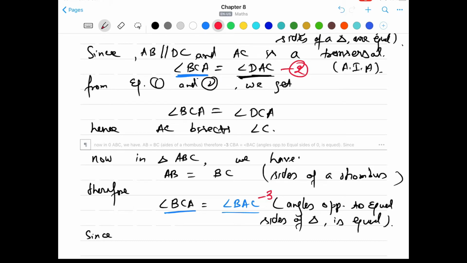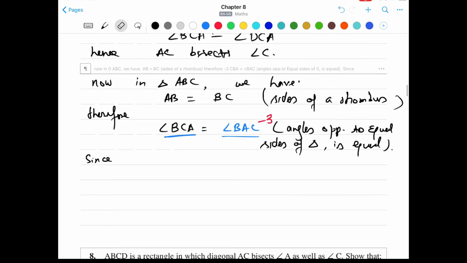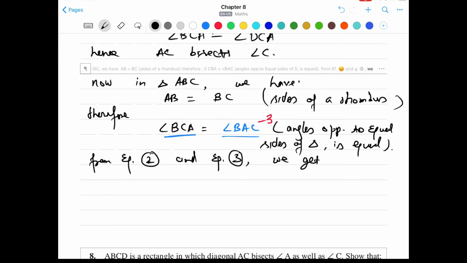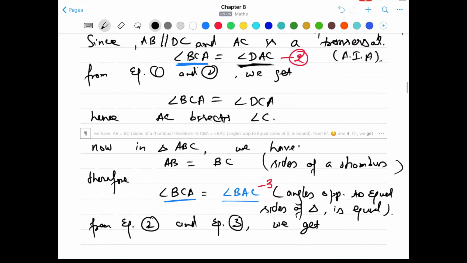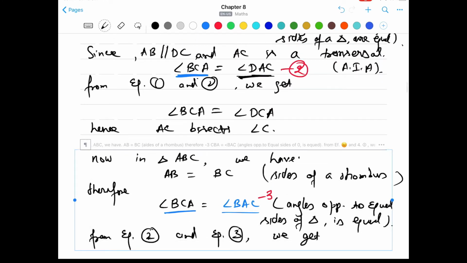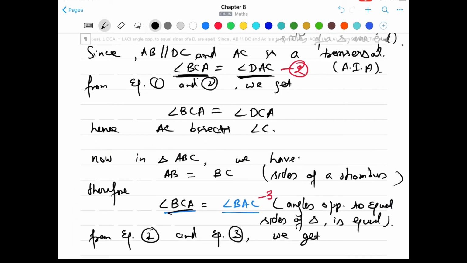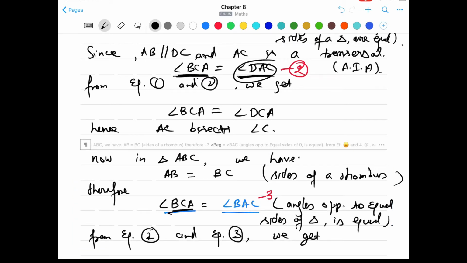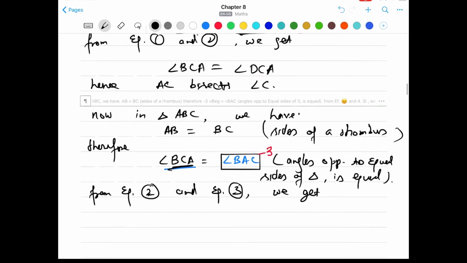Now from equation 2 and equation 3 we get that BCA and BCA are both equal to DAC and BAC.